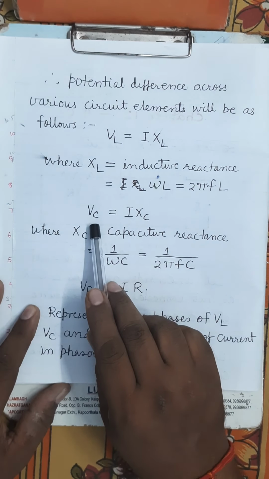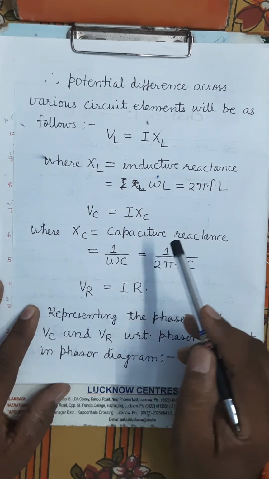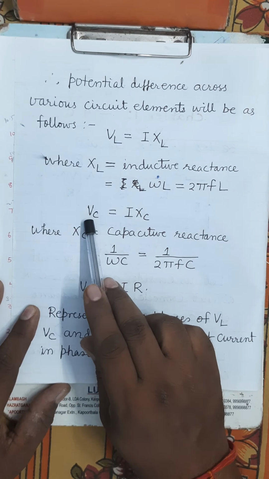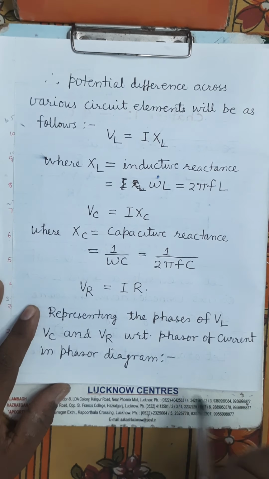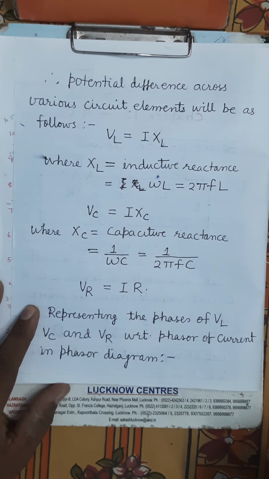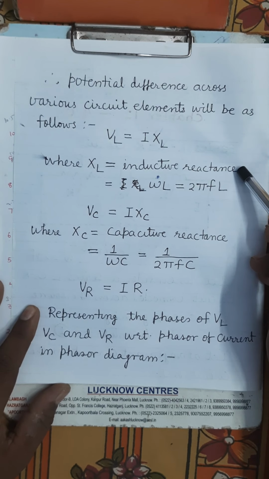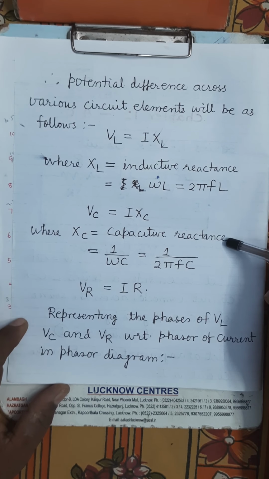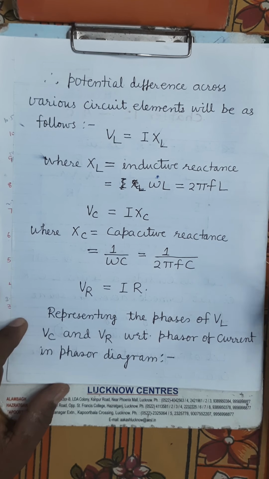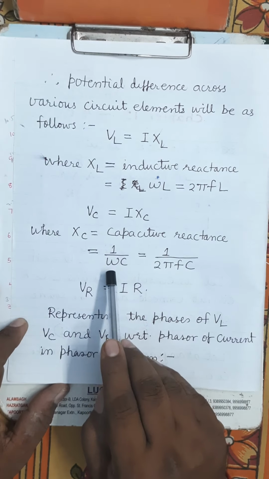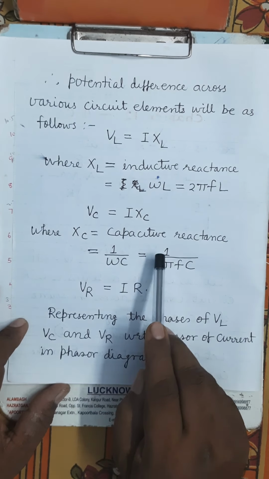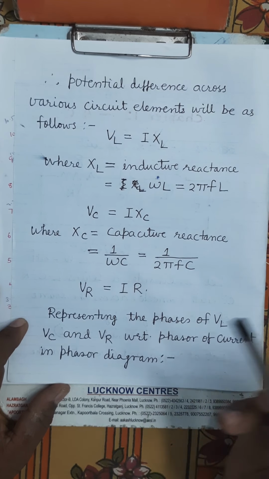VC equals I into XC, where XC is the capacitive reactance. It is also the obstruction offered by the capacitor in the flow of current, and its value is given by 1 upon omega C, that is 1 upon 2 pi fC.